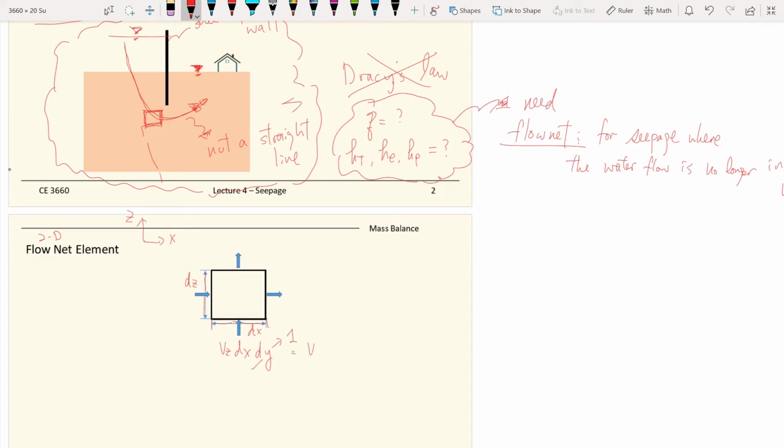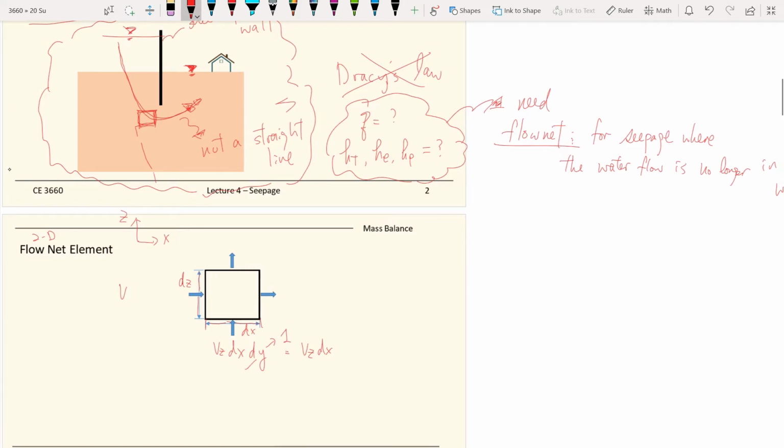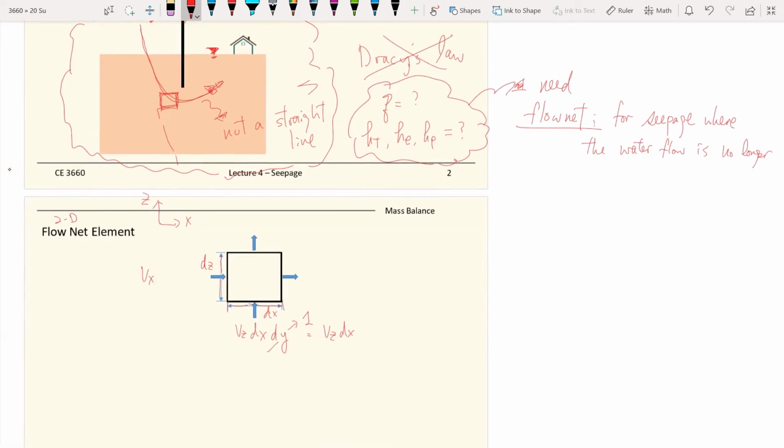So this is just the inflow. Again, the water flow going through the soil element is the velocity times the area. So it becomes the velocity in the z direction times dx. Similarly here, we have the velocity of water in the x direction. So we have vx, times the area of dz times dy, and again dy is equal to 1.